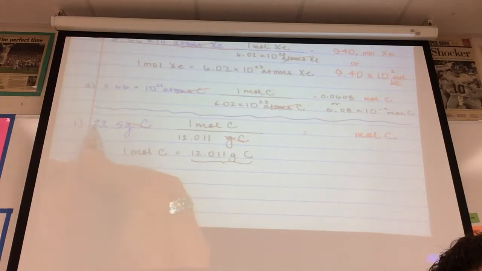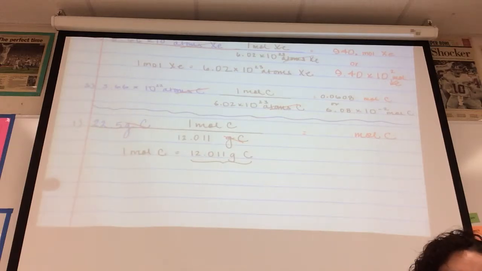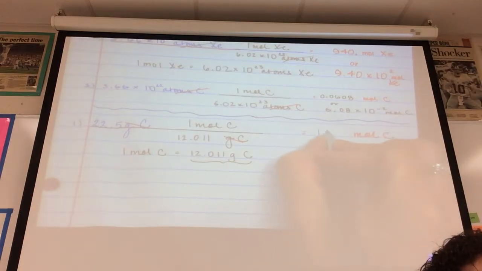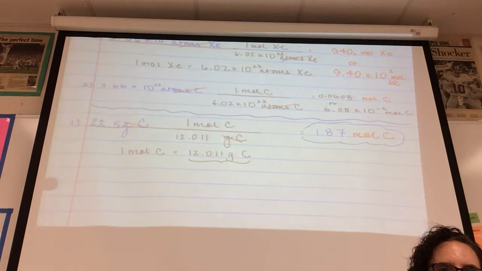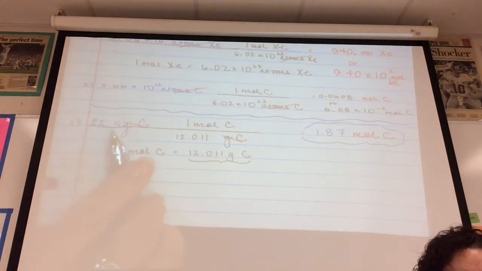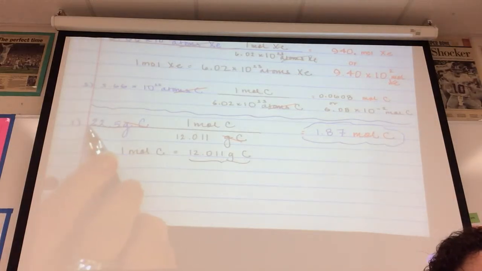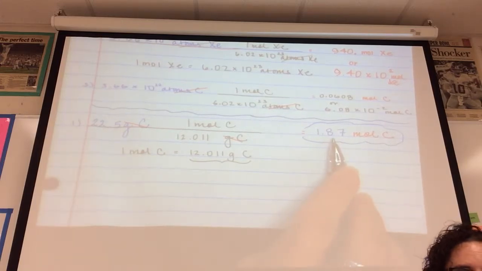This is like one big fraction, and I have 22.5 divided by 12.011, and that's going to be equal to 1.87 moles of carbon. And again, you may need to go back and review sig fig rules. You have 3 sig figs here. Whatever I'm given in these types of factor label method problems, I'm going to give back at the end 3 sig figs.